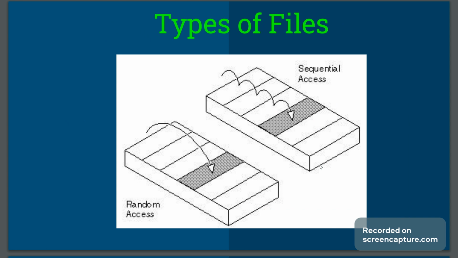We have to go sequentially only from the zeroth position itself, either in reading or writing mode. But in the random access file, we can randomly jump to any position for reading as well as for writing, by moving the file pointer to any position.